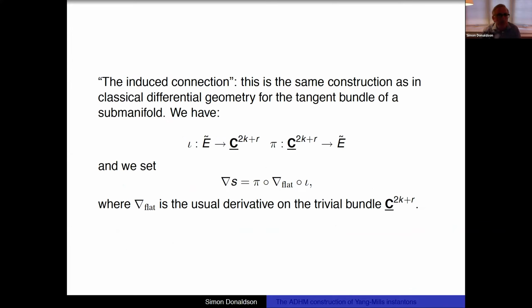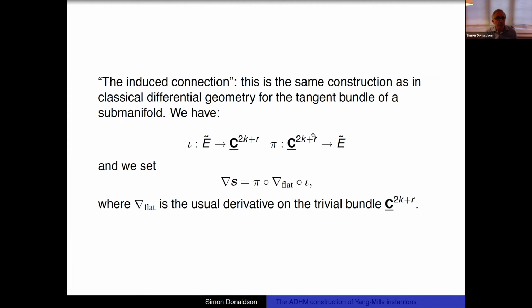But let's just say, what do we mean by the induced connection? So this is just the same construction as appears in elementary and classical differential geometry when you're discussing the tangent bundle of a submanifold in Euclidean space. That's to say, we define a connection by using orthogonal projection.